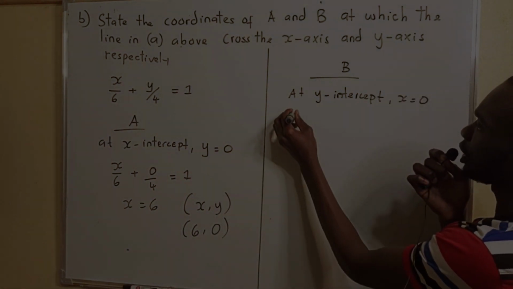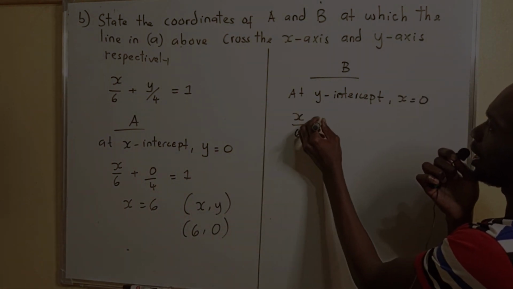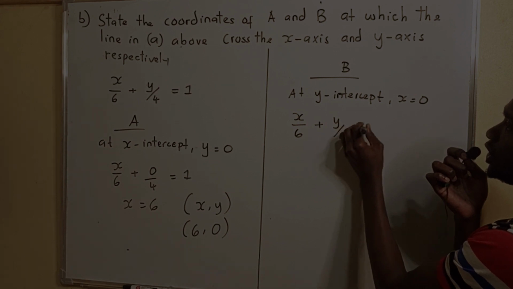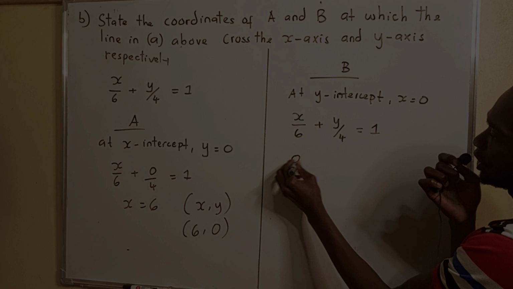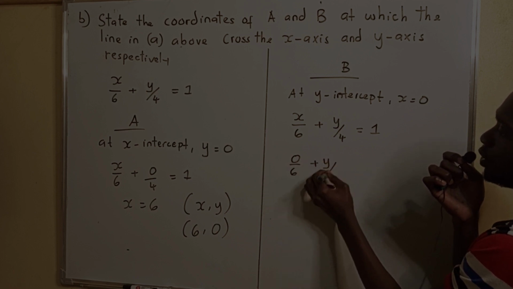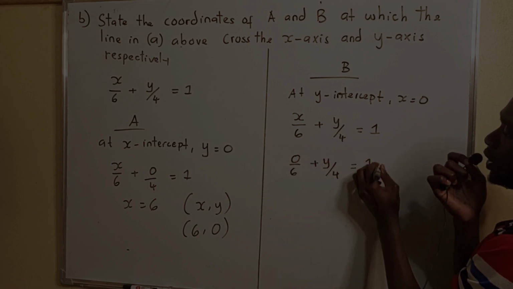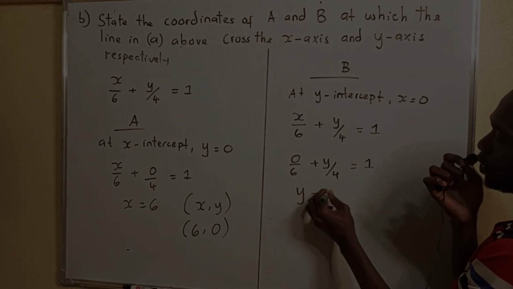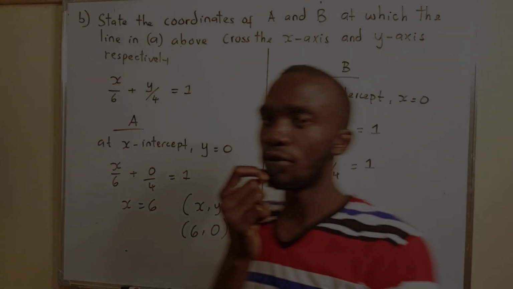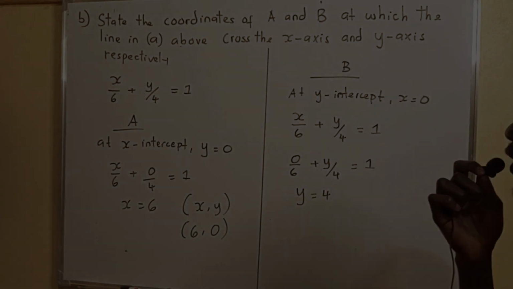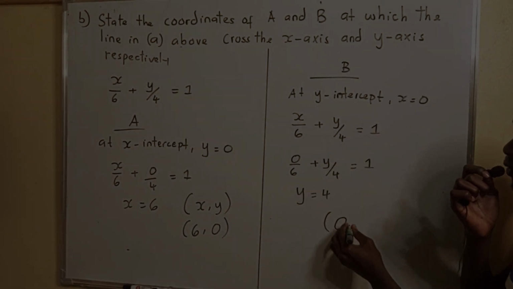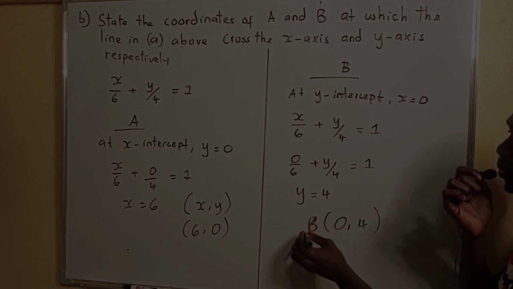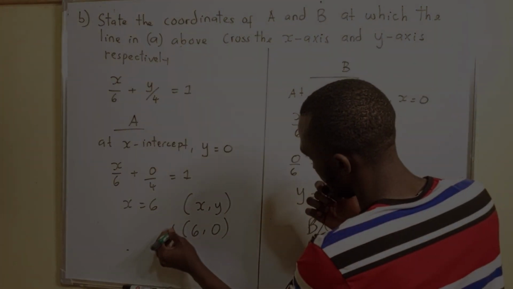The equation of the straight line was x over 6 plus y over 4 is equal to 1. So 0 over 6 plus y over 4 is equal to 1. In this case, the value of y will be equal to 4. Now, what are the coordinates of point B? The value of x at B is 0 and the value of y is 4. So the coordinates of point B are 0, 4.